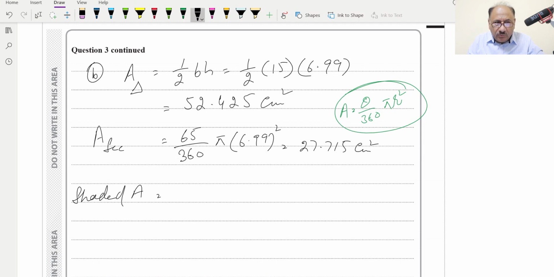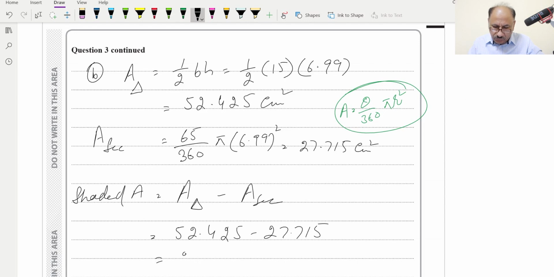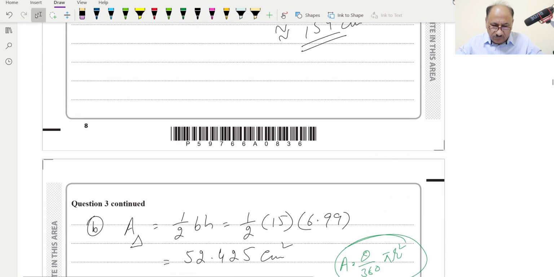Shaded area will be equal to area of triangle minus area of sector, and area of triangle we have calculated is 52.425 minus area of sector, which is 27.715, and this will give us 24.7099.